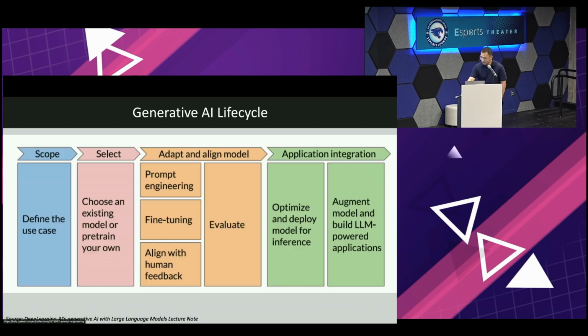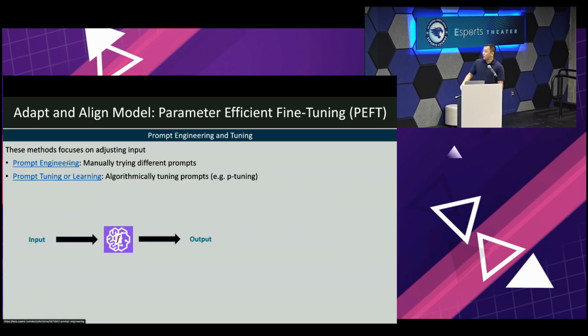Okay, let's focus on the adapt and align model section there. I'll go through what prompt engineering, fine-tuning, and aligning with human feedback are. Then I'll introduce RAG. Okay, prompt engineering and tuning. This side is basically focusing on the input, or prompt. They try to make a better prompt, thinking that garbage in, garbage out.